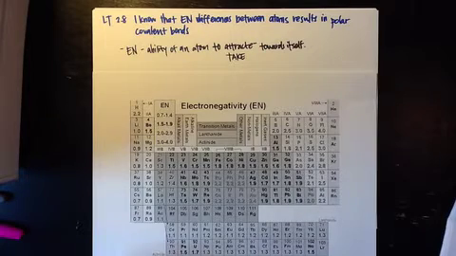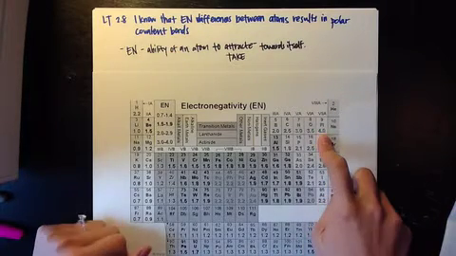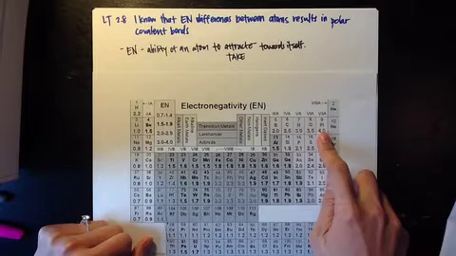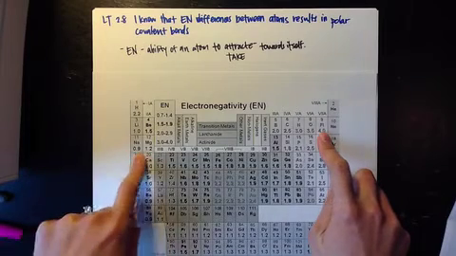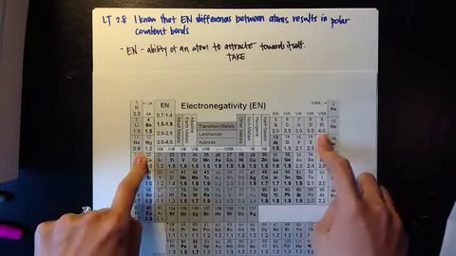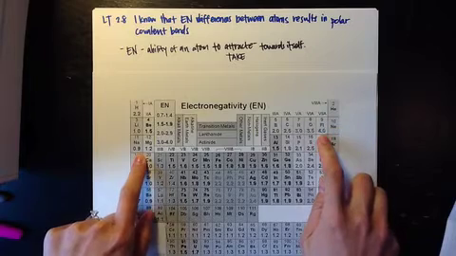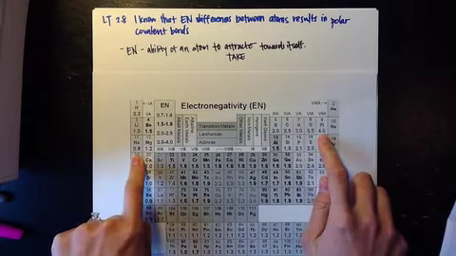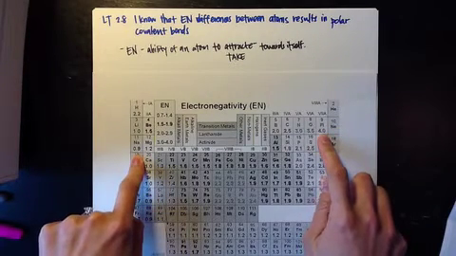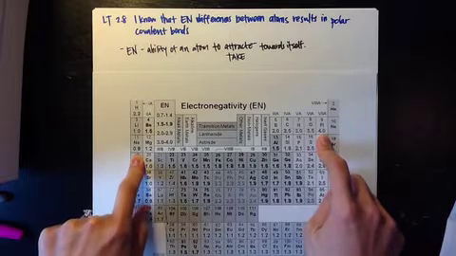If you have a nonmetal, fluorine, I don't know why it says Fl, but we know it's fluorine, and a metal, Na, and you look at their electronegativity values, 4 and 0.9, you'll see that they're pretty different. What does that mean?